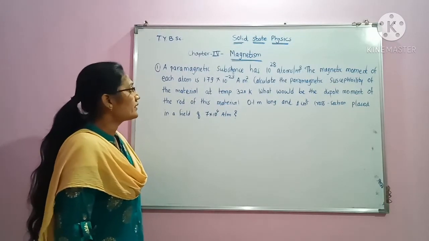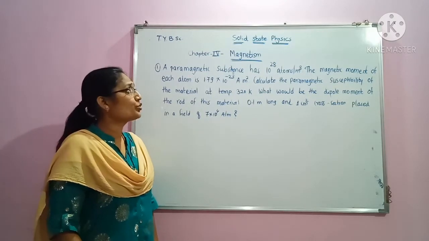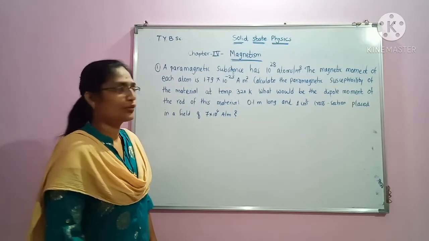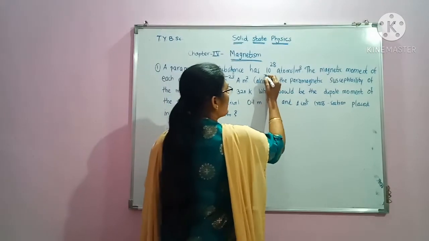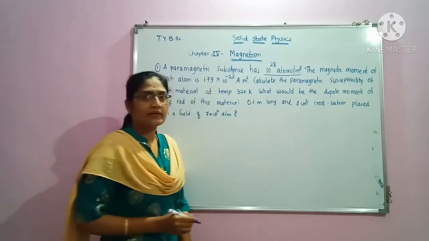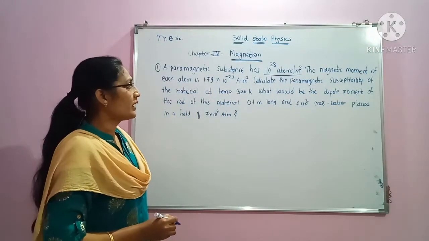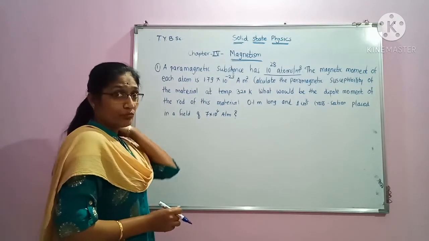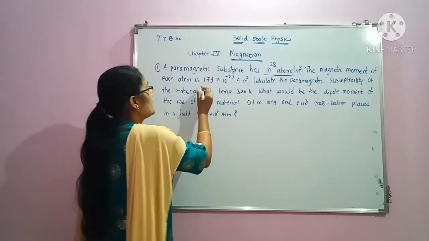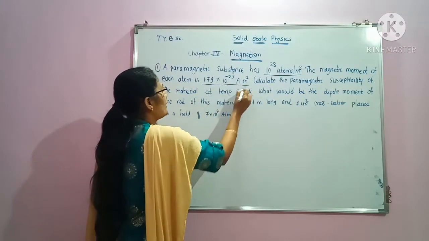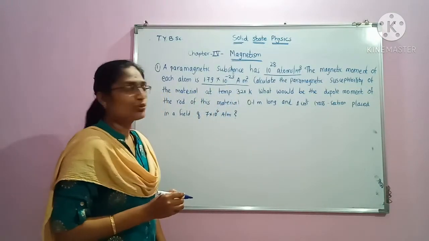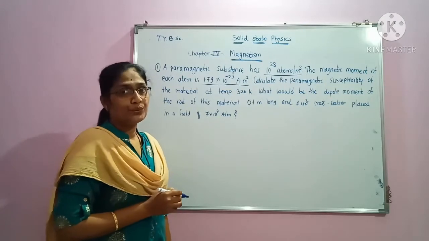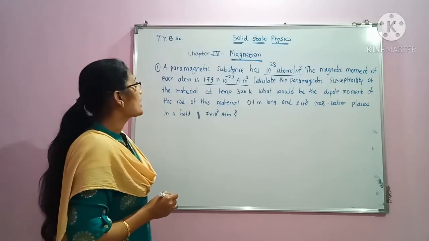A paramagnetic substance has 10 raised to 28 atoms per meter cube, meaning the number of atoms present in the given paramagnetic substance is given. The magnetic moment of each atom is given as 1.79 into 10 raised to minus 23 ampere into meter square.